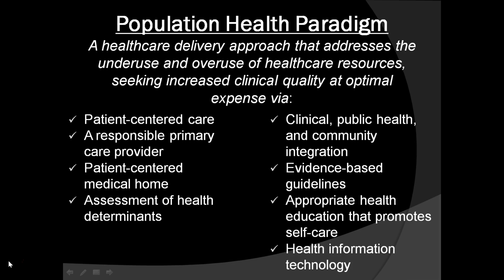So obviously, to know which health determinants are out there definitely will help toward helping patients. Clinical, public health, and community integration. Evidence-based guidelines. So by using these evidence-based guidelines, it helps to provide quality, cost-effective care. And then obviously appropriate health education that promotes self-care as well as health information technology.